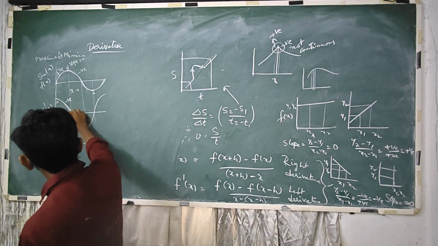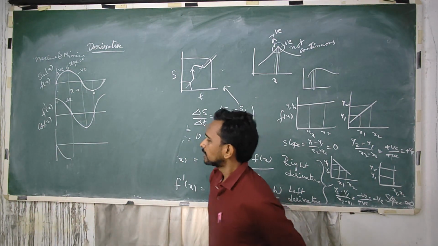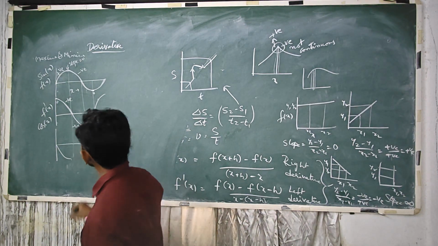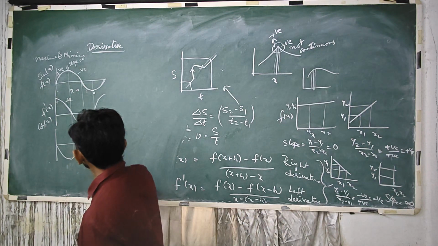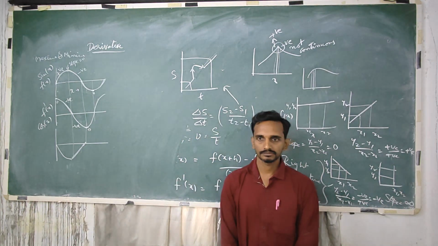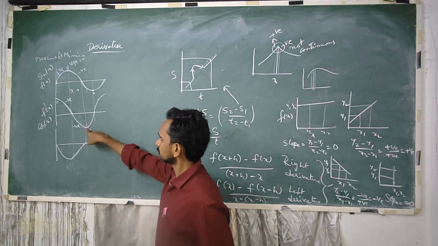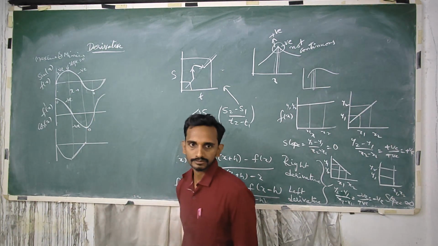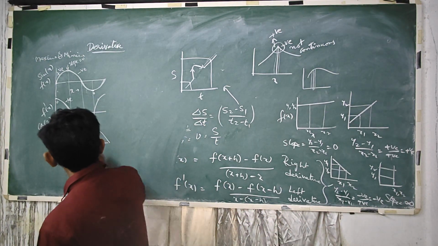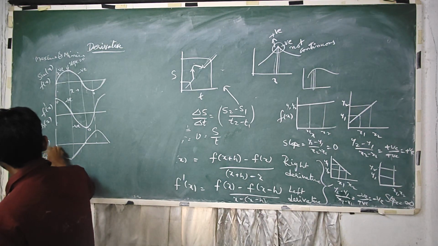So this is the type of curve we get. And here still it is negative, but it is approaching 0. So this is the graph. From this point onwards, slope is positive. It is starting from 0 and approaching a maximum number. So f double dash x is minus sin x.